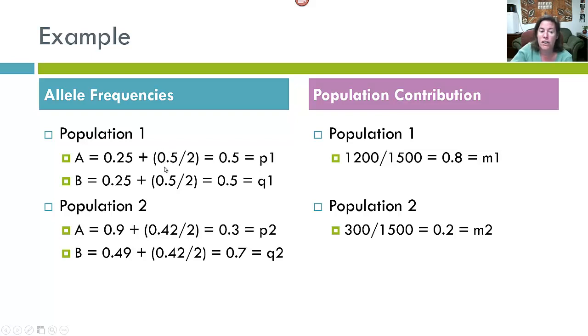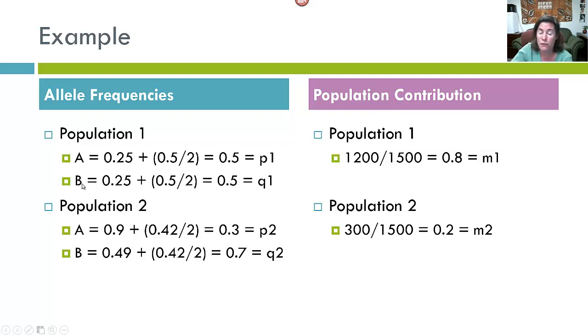The heterozygous genotype was 0.5 in population 1. We divided by 2 because this heterozygous genotype has both A alleles and B alleles. And we get the frequency of the dominant allele, A, in population 1 is 0.5.